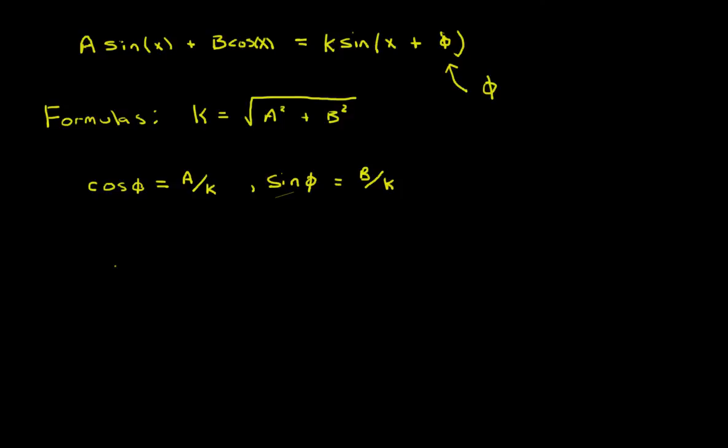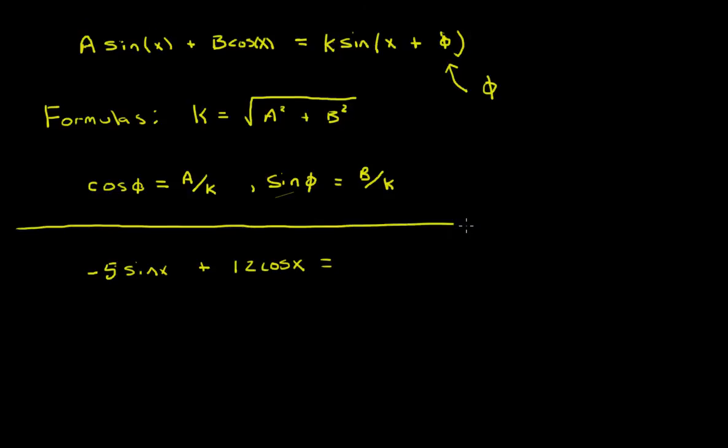For the second and third examples, let's look at what happens when we have a sign change in here. So let's start with negative 5 sine x plus 12 cosine x. So we're looking at the same setup.